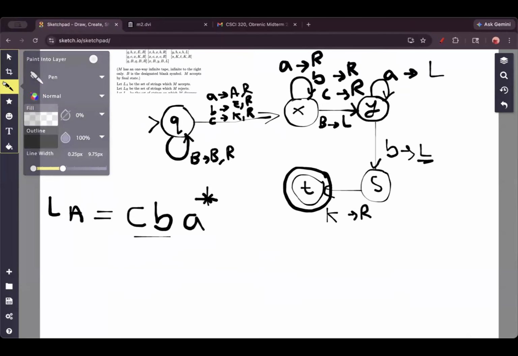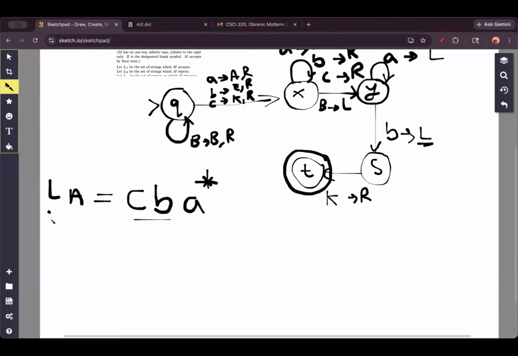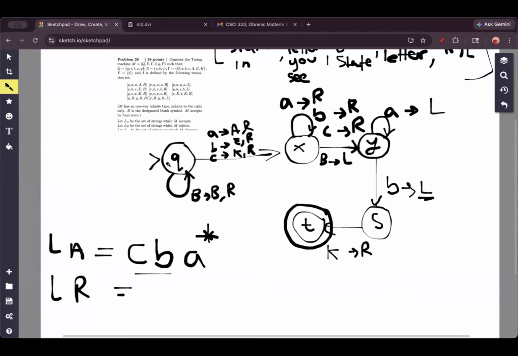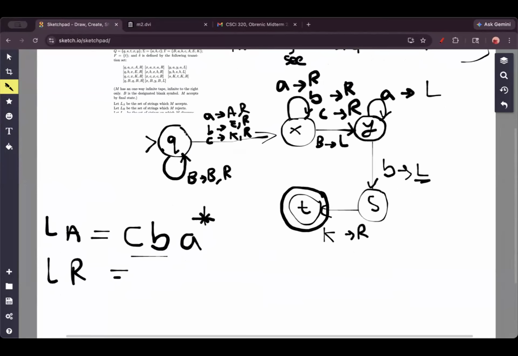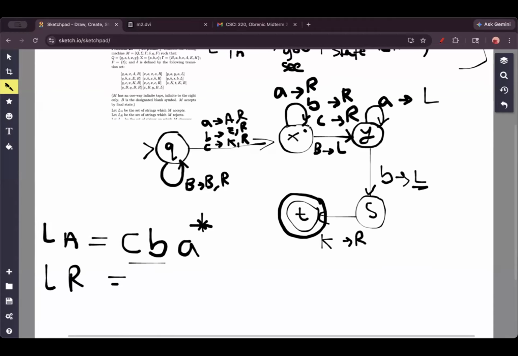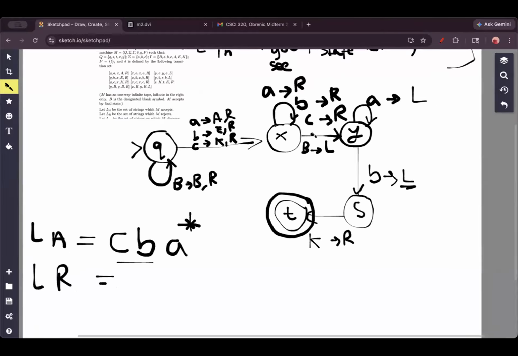Let's do LR. Okay, so my sigma is A, B, C. If I see an A, B, C, or a blank in Q, I know to turn to X. And then in X, I have instructions for all of them too.